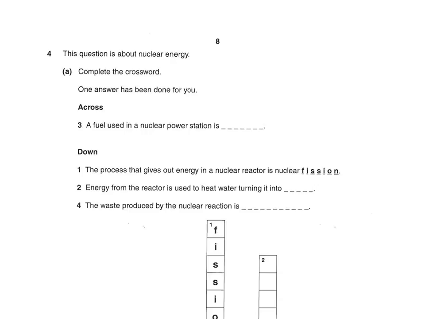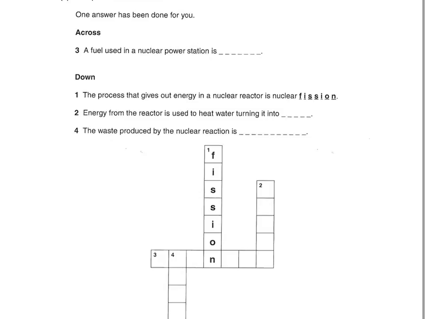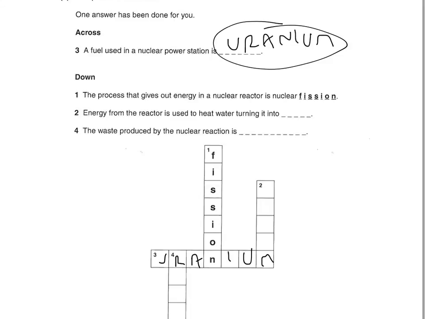This question is about nuclear energy. Complete the crossword. So a fuel used in a nuclear power station is uranium. That's your first one there, uranium. You can put this either in the crossword or on the answer line up here. The second one down, energy from reactors used to heat water, turning it into steam.